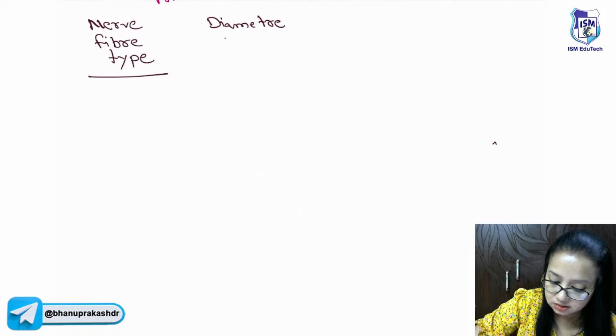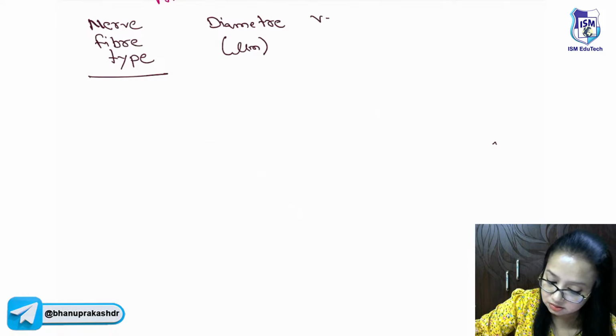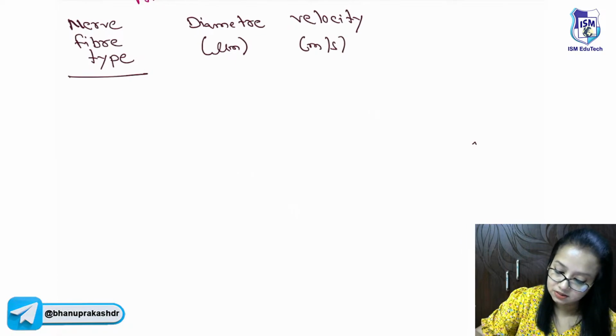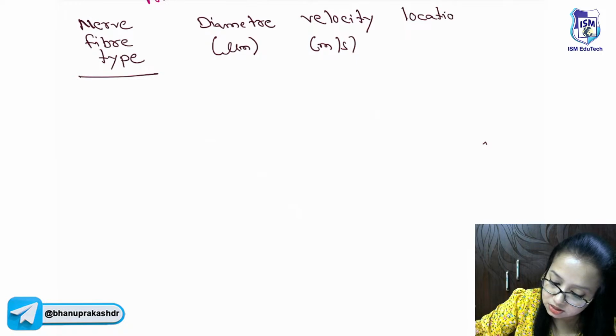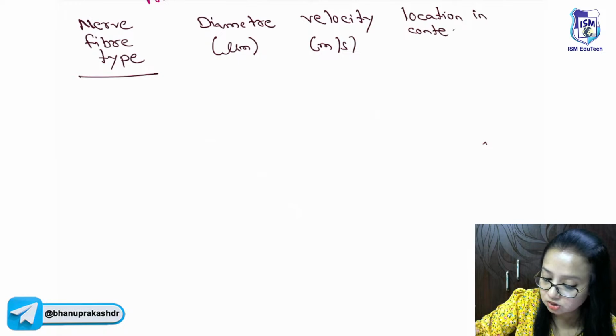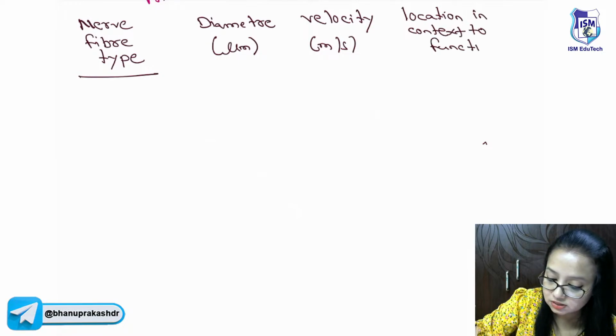Diameter in micrometers. Velocity in meters per second. Then we write its location in context to function.